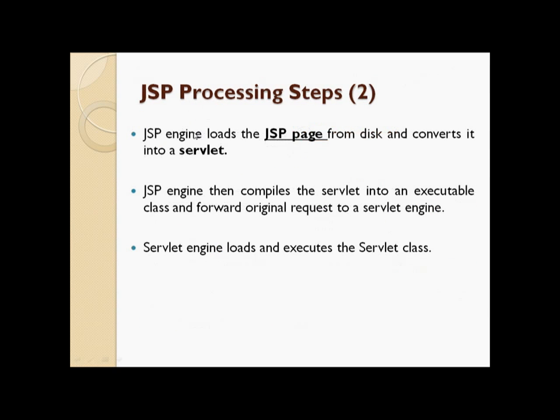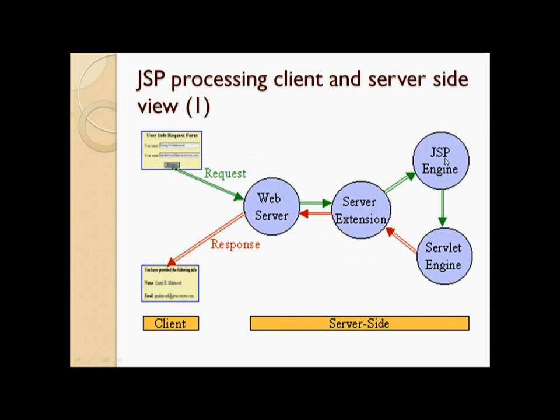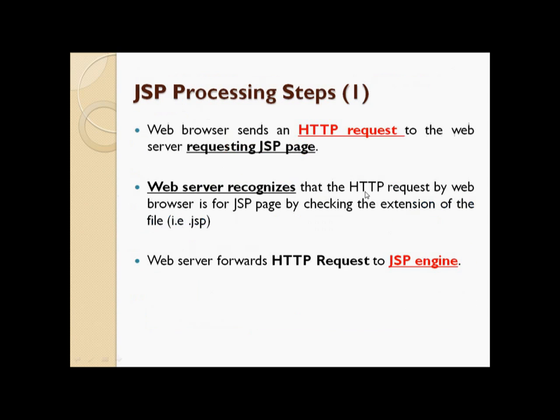The same thing is written here. The JSP engine is responsible for loading that particular page, and the information about it will be gathered using the index.html file, which can be used to render that particular JSP page for which the request is coming from the client side.